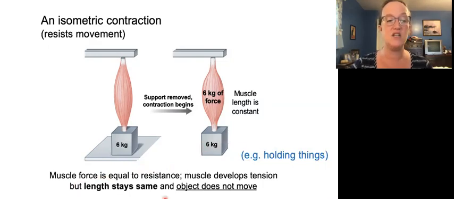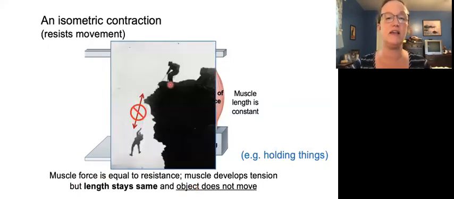The muscle develops tension, but the length of that muscle stays the same, and the object does not move. With our friends on the cliff here, if this man up here can create exactly the same amount of force as his friend's body weight, his friend's just going to dangle there and not go up or down. And that's analogous to an isometric contraction.